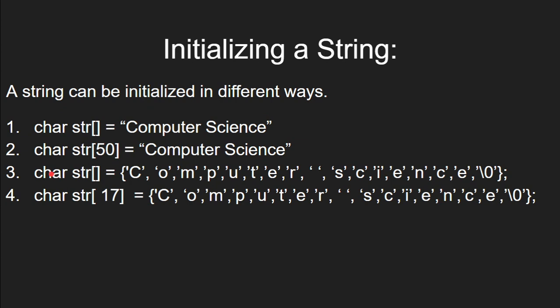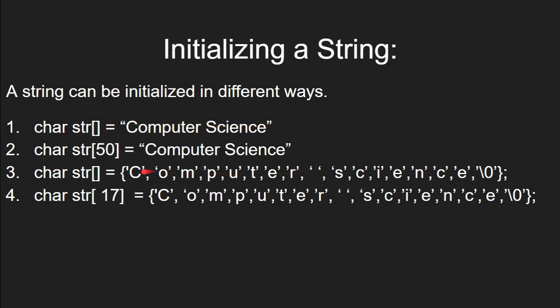Then the third type we can give the same way here. Individually we can give the elements as independent characters. So char, str, that is the name of the string, and then the empty brackets, and here you can see everything is separated into single quotes. The words computer science are given as individual characters separated by single quotes, and the space is also given by an empty space here.